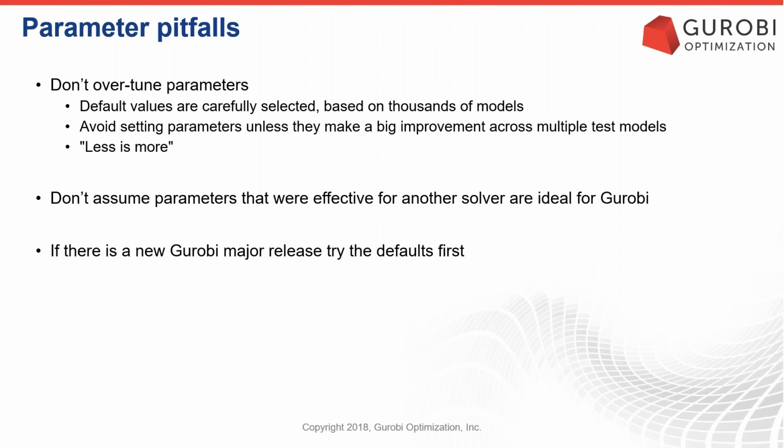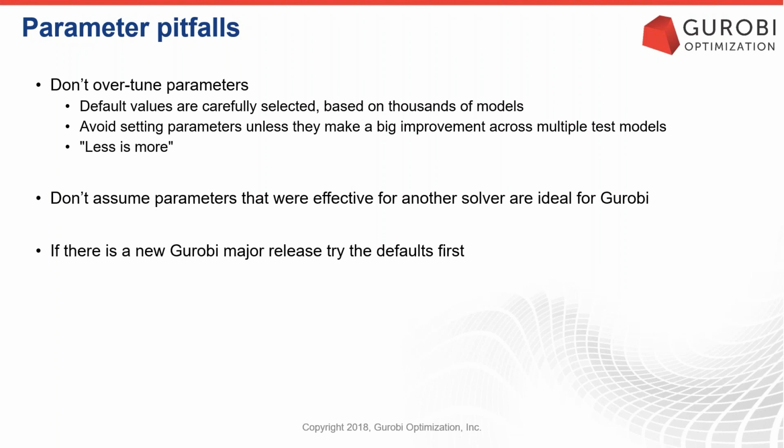There's also another thing that is very important. If there is a new Gurobi major release, it's very likely that we learn something. So usually that means you should start from scratch. Parameter tuning means you adjust the algorithms to the problem or to a set of problems. And with a new major release, things may have changed.